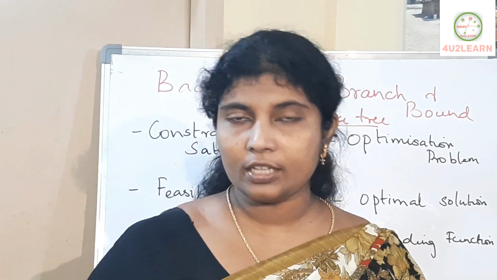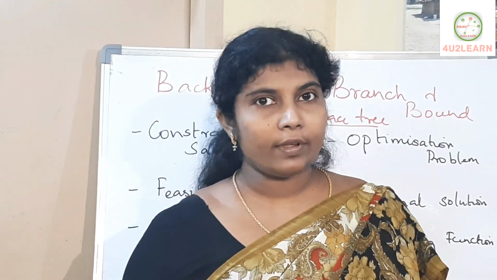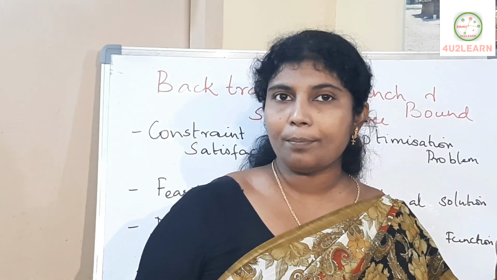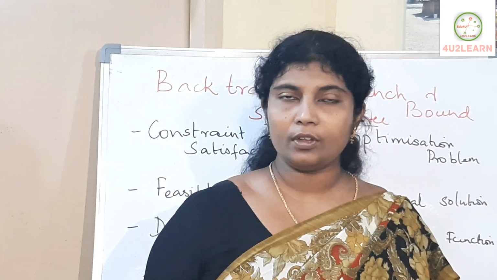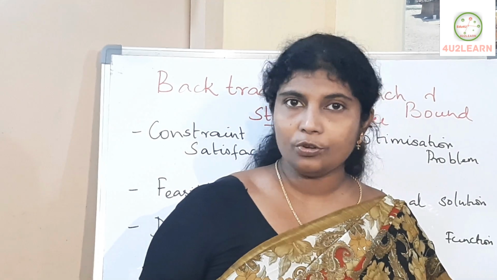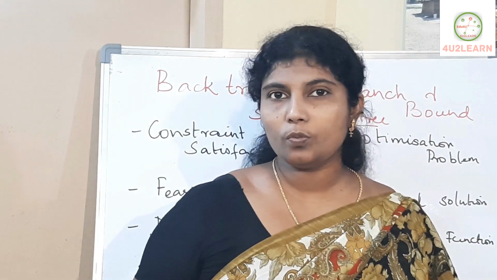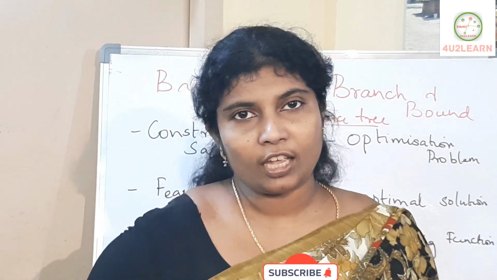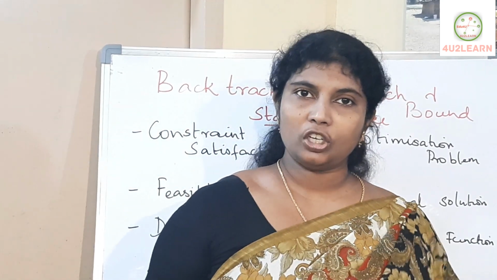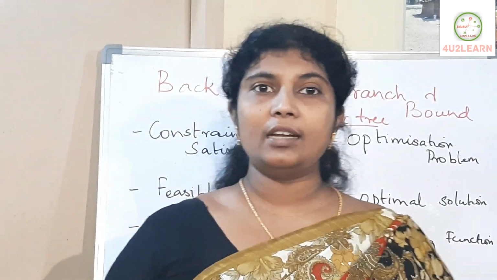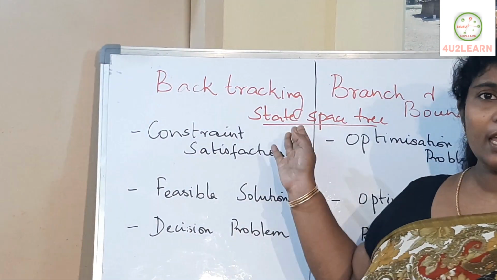Algorithms for solving complex problems, this step-by-step procedure to determine the solution for bigger problems, are determined by these two methods, backtracking as well as branch and bound. Both have the same construction, the state space tree.